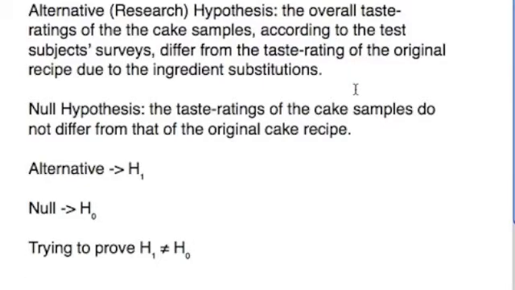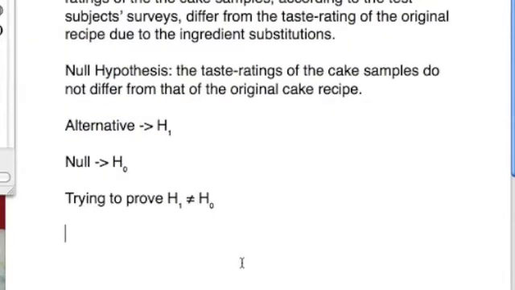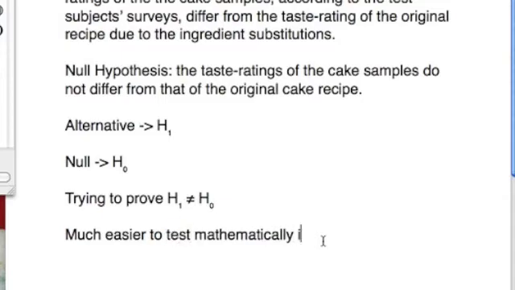That makes sense, right? We're trying to prove that these samples do have differences from the original cake. But mathematically, it's really hard to prove that something does not equal something else. Actually, it's much easier to test mathematically if H sub 1 equals H sub 0.